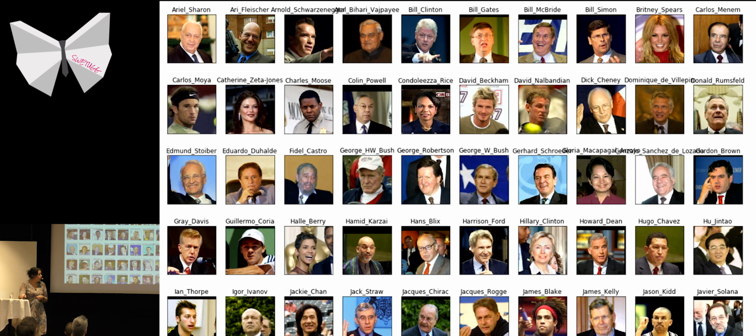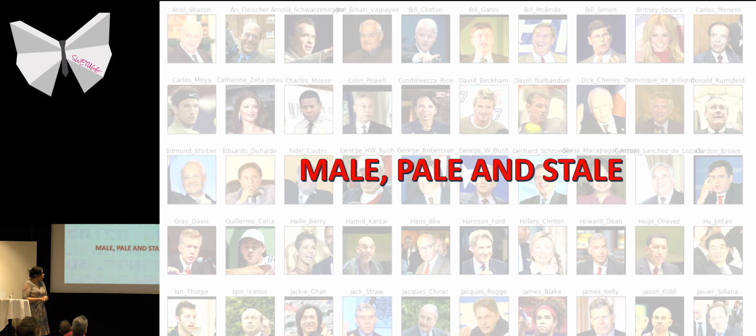So what we're training on is a representation of how people are represented in the news, which means that this dataset is very male, pale, and stale, to be honest. What does that mean then?